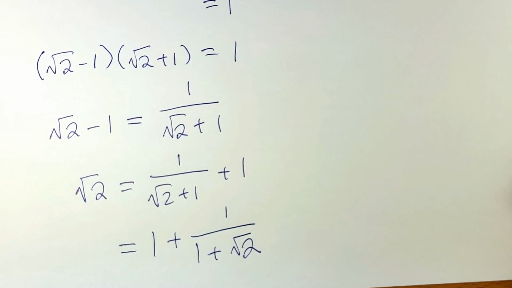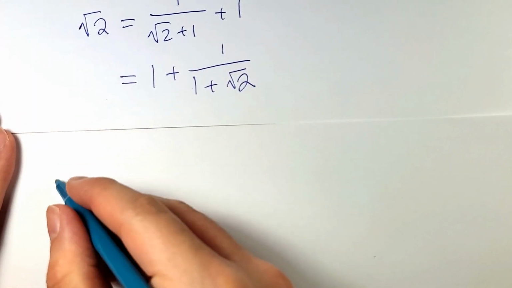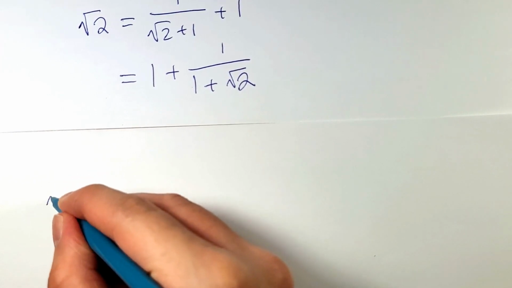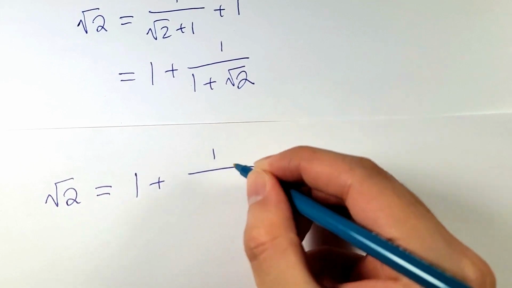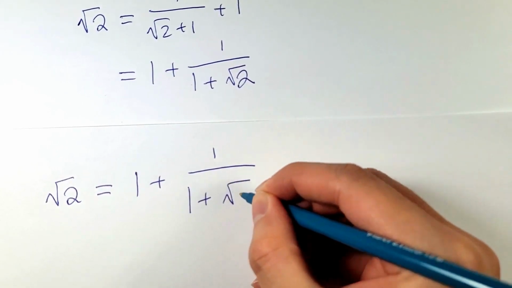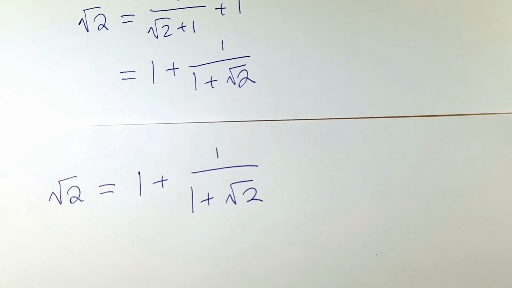So the working equation I'm going to have here is this. The square root of 2 equals 1 plus 1 over 1 plus root 2. And I'm going to use this equation here a lot.